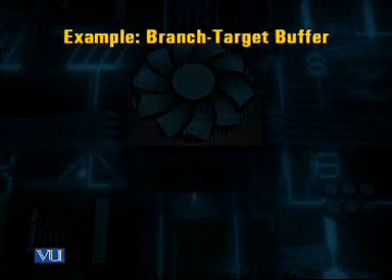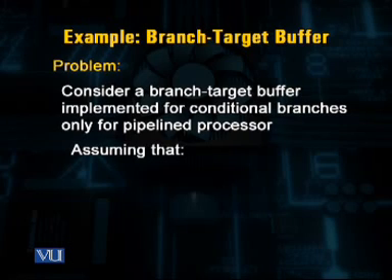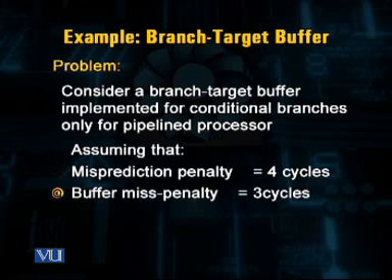Now let us consider another example where we will consider a branch target buffer implemented for conditional branching only for pipeline processors. Here we assume that the missed prediction penalty is equal to 4 cycles. Buffer missed penalty is equal to 3 cycles.